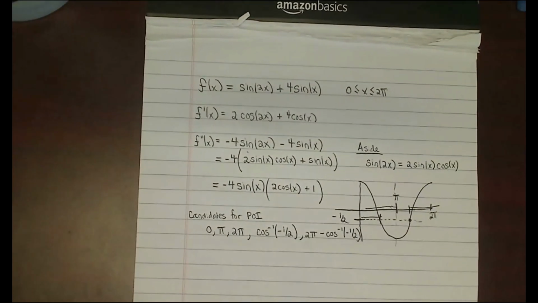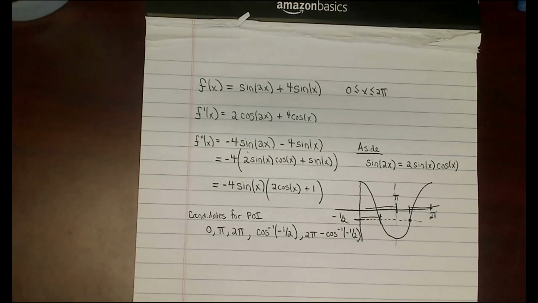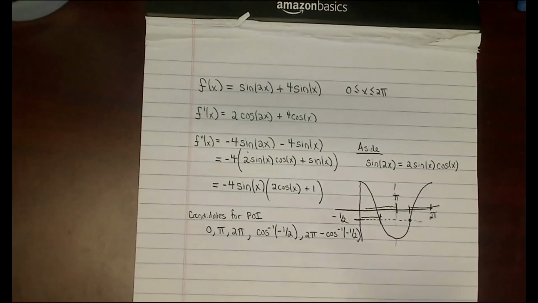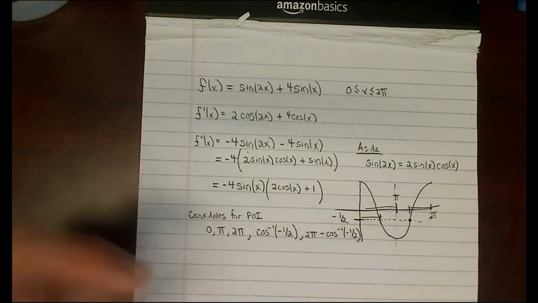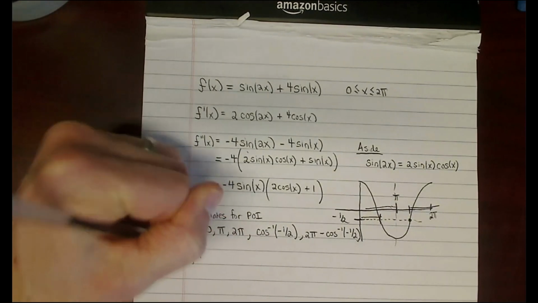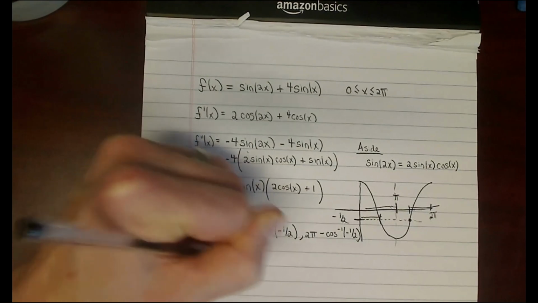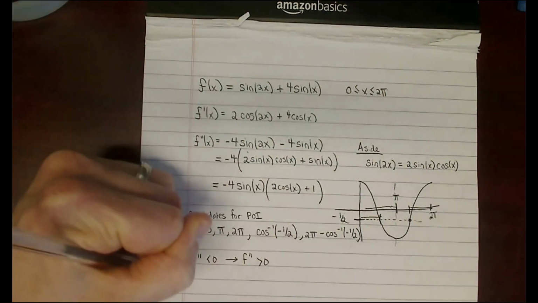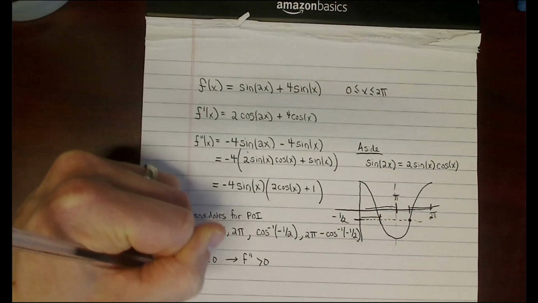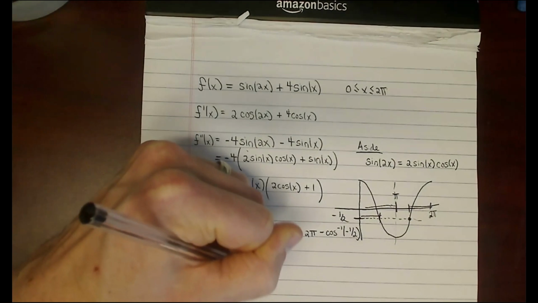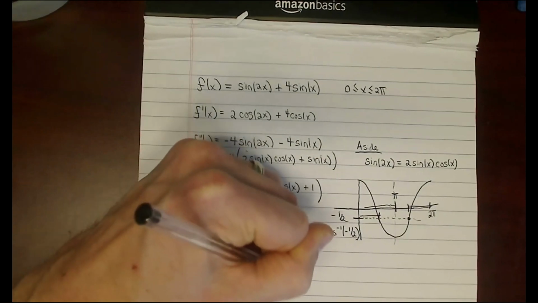Okay. Now all we have to do is determine where the graph of f first goes from being concave down to concave up. So we're looking for when it goes from f double prime less than 0 to f double prime greater than 0. We want concave down to concave up, that point of inflection.